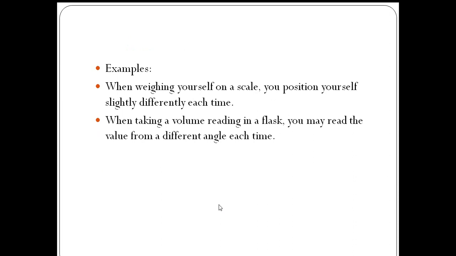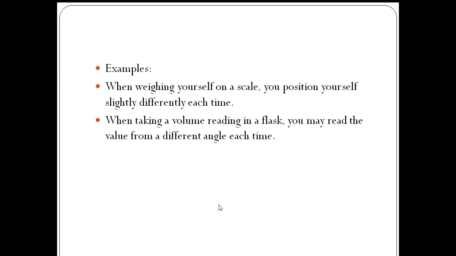Examples for these random errors: when weighing yourself on a scale, you position yourself slightly differently each time. Suppose on a weighing machine, sometimes we stand at the leftmost place, sometimes at the rightmost place, sometimes in the middle.